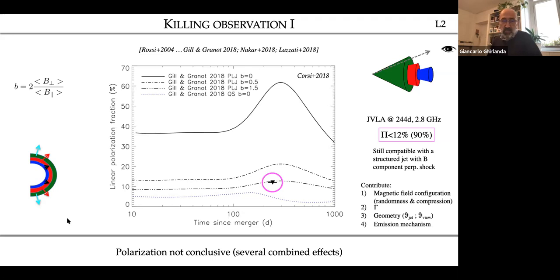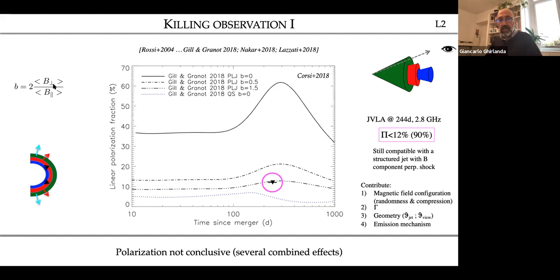However, there are some complications, because the measurement of polarization is challenging. The source should be bright enough, but from a theoretical point of view, the polarized signal can be strongly dependent on the orientation of the component of the magnetic field parallel and perpendicular to the shock front, which is producing the photons.